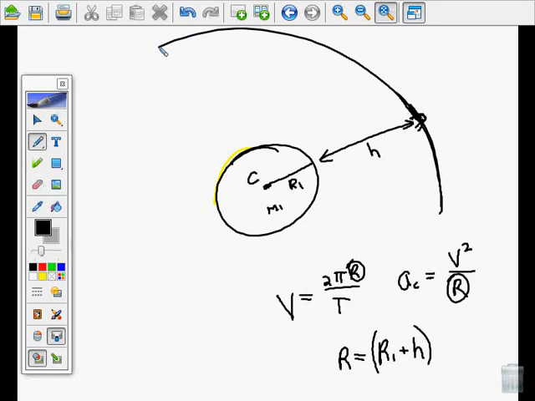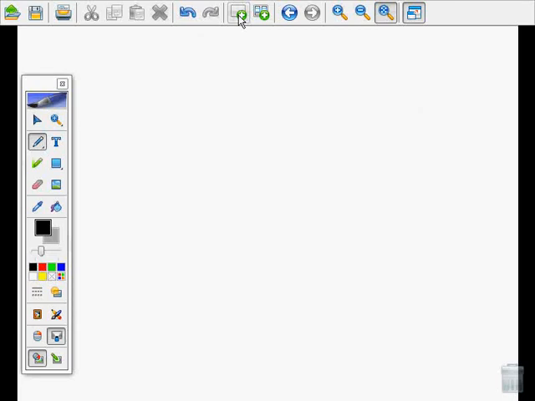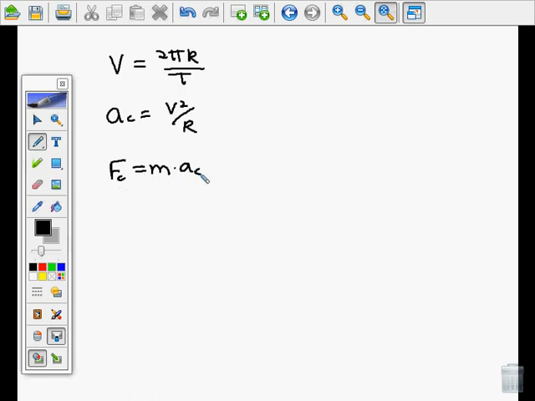All right, so with those formulas, you can combine them. So, for example, if v equals 2 pi r over t, and a sub c equals v squared over r, and F sub c equals m times a sub c, of course, you could take this a sub c, substitute in the third one, and you could have F sub c equals m v squared over r.